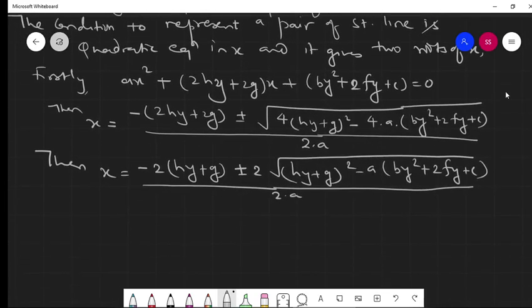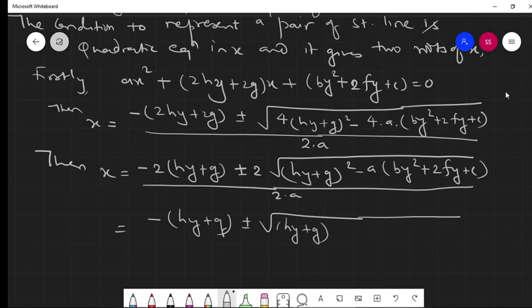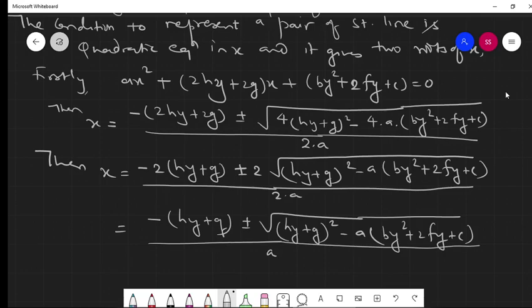Then we cancel this 2 and this 2: x equals minus hy plus g plus minus root under hy plus g whole square minus a times by square plus 2fy plus c, all over a.